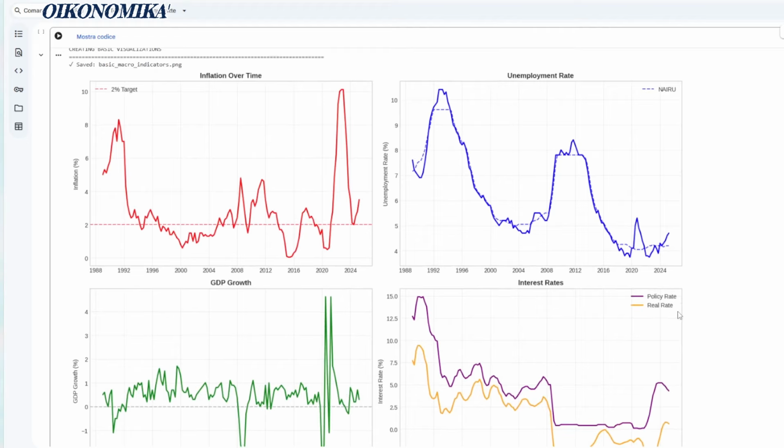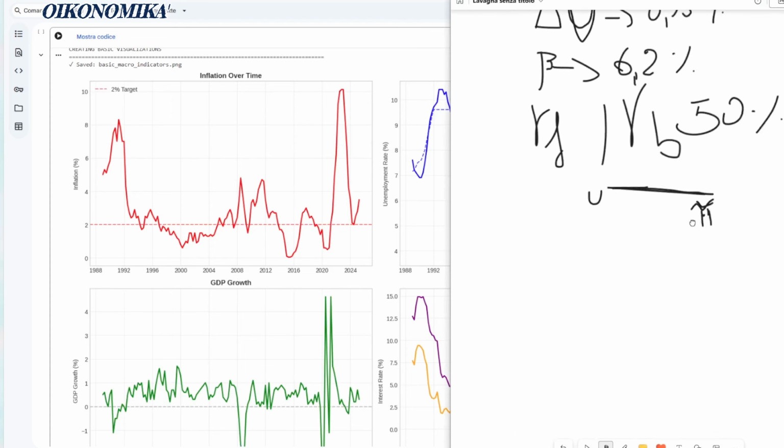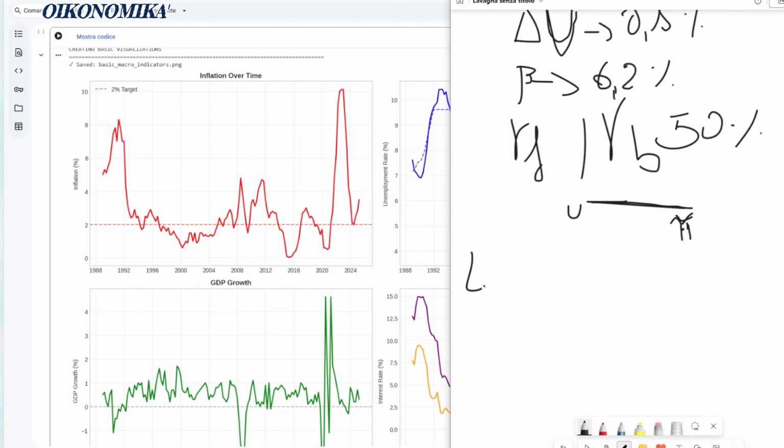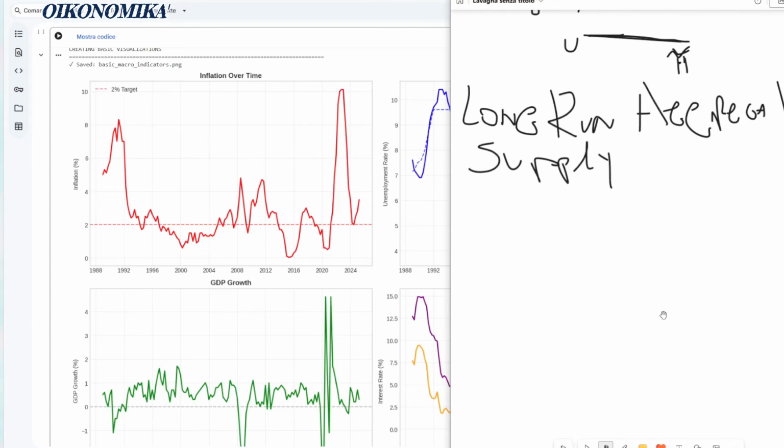So the structural problem is not managing aggregate demand, but the long run aggregate supply, or the long run aggregate potential output. I'm repeating what the Bank of England knows very well, and they have tried to explain these things a lot of times.